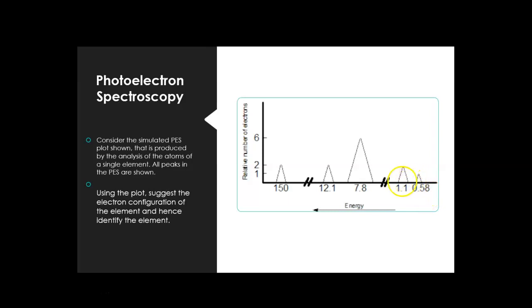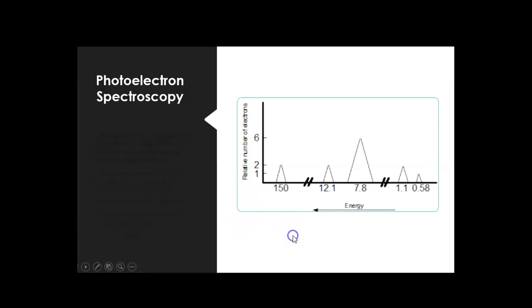So they've put together really 3 lines of this, or they've kind of smushed together a big long PES. So what's the electron configuration of the element, and hence identify the element? Using this plot, we suggest the electron configuration of the element and identify it.